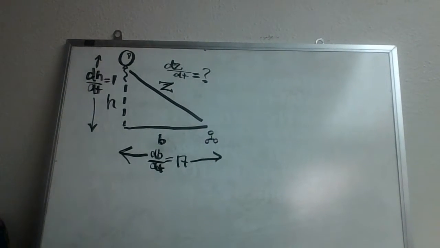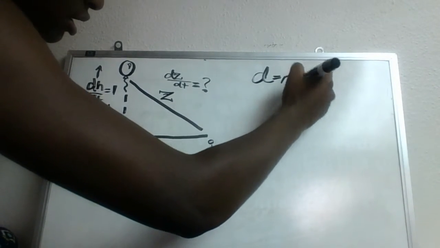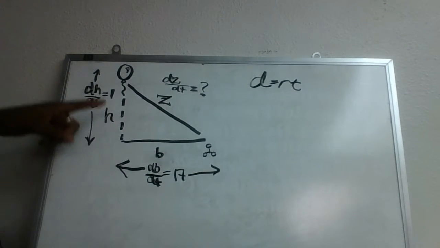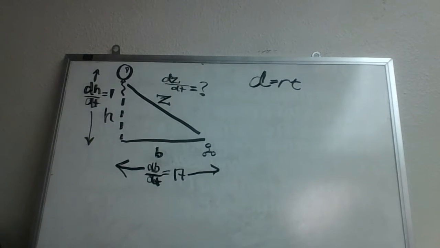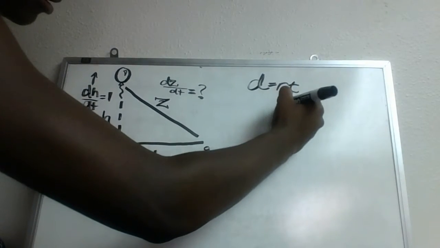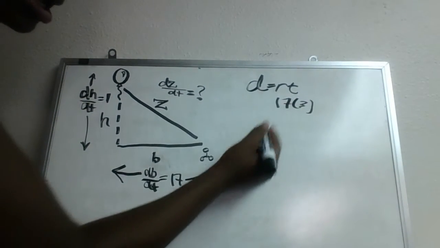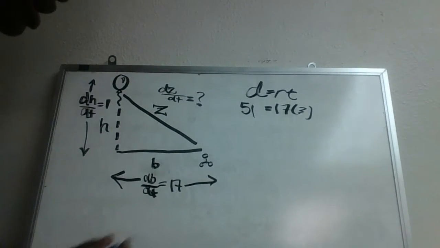So we can use our lovely dirt formula, d equals rt, to find b. The rate is 17 times 3, and that's going to give us 51. So b equals 51.